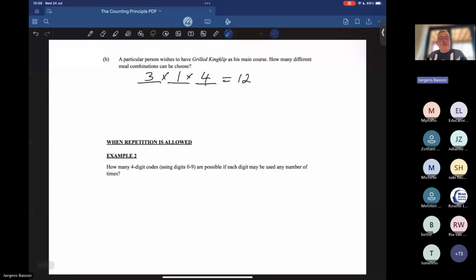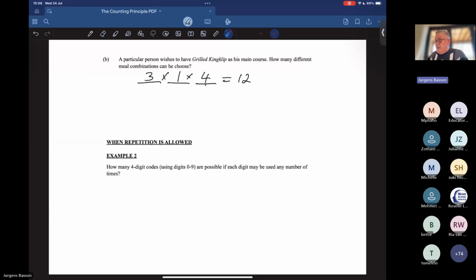So then I would like to start with the second principle. First of all is the definition. Now it's about repetition or not. And it's quite important that learners must understand if a question has repetition allowed or repetition not allowed.